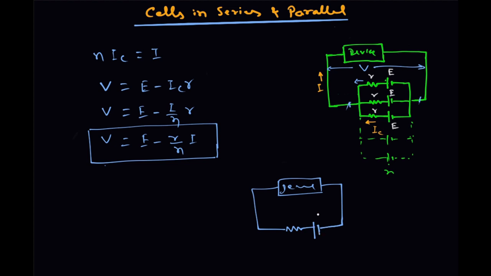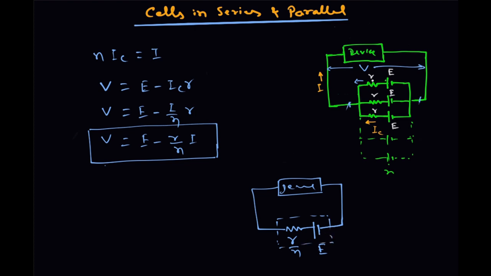This battery replaces all these cells in parallel. Its voltage is E, and its internal resistance is R divided by N.